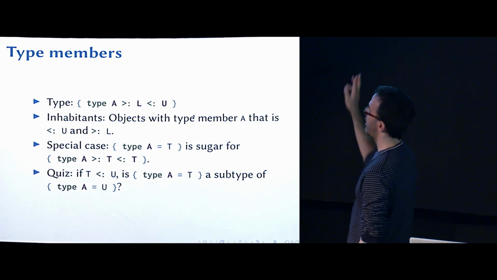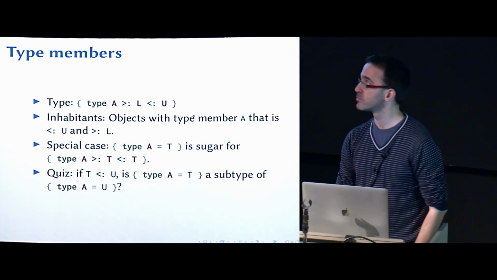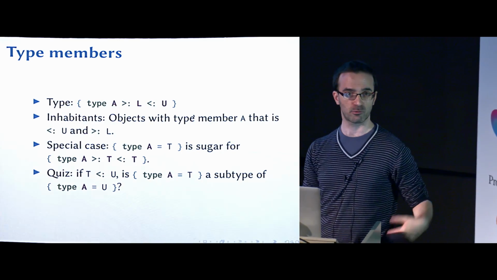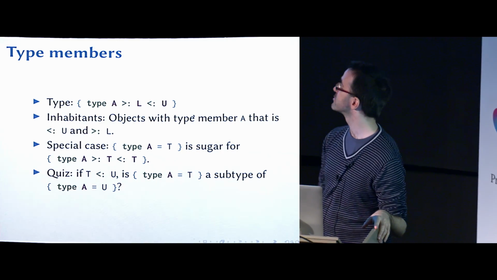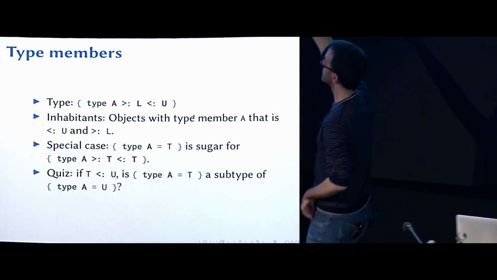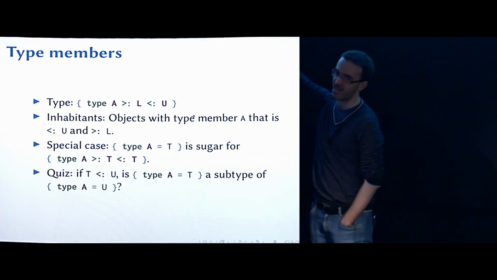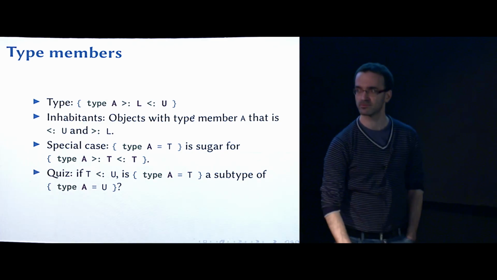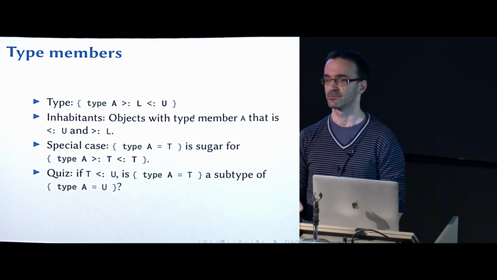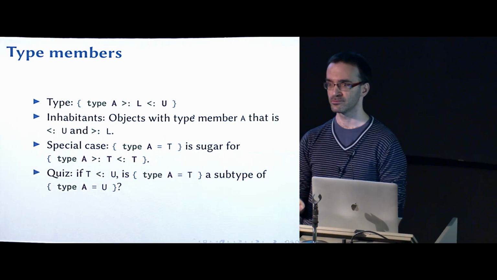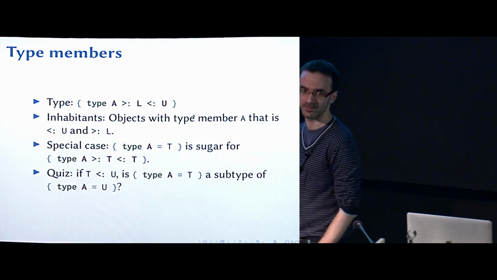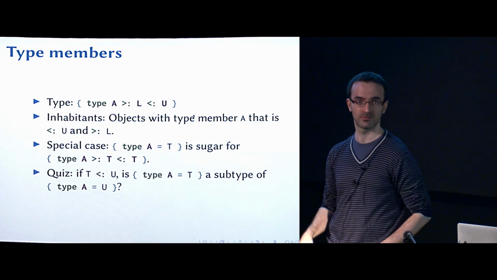Now, as a consequence, one can try to understand: if you have a type which requires A to be equal to T, and T is a subtype of U, is this record type A = T a subtype of A = U? I expect if T and U are different, it's not going to be a subtype.